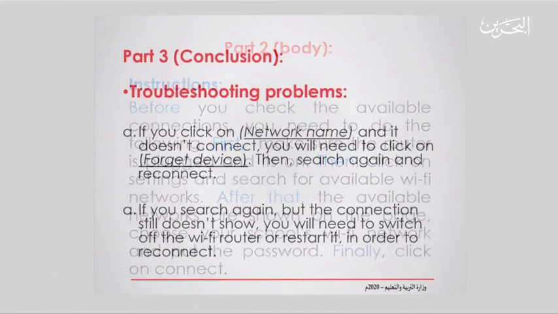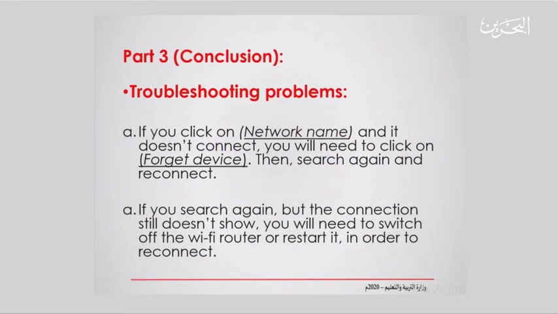Moving to the last paragraph, which is part 3, the conclusion. Here again, I have to mention the heading, which is troubleshooting problems. There is A and there is B. In this case here, I have to mention 2 problems I'm going through while doing and applying the stages and the steps.